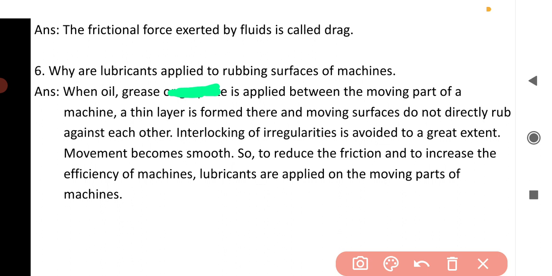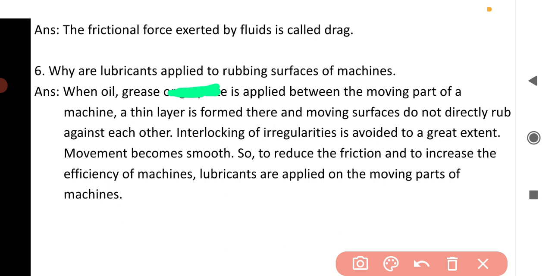The interlocking of irregularities is avoided to a great extent, because there will be fewer chances of interlocking of the irregularities.